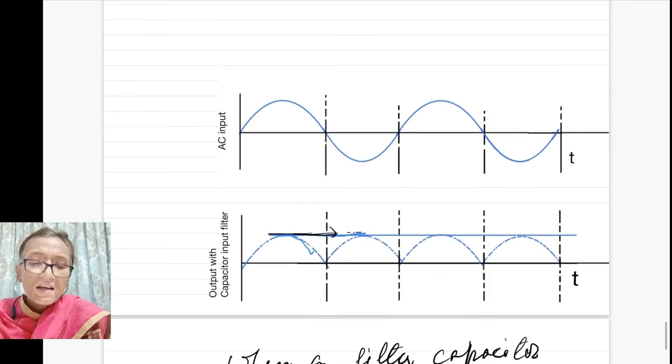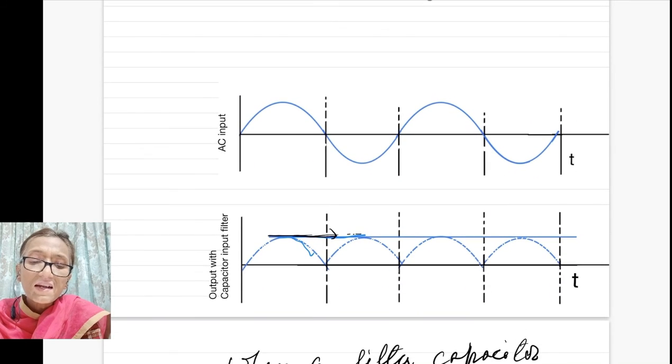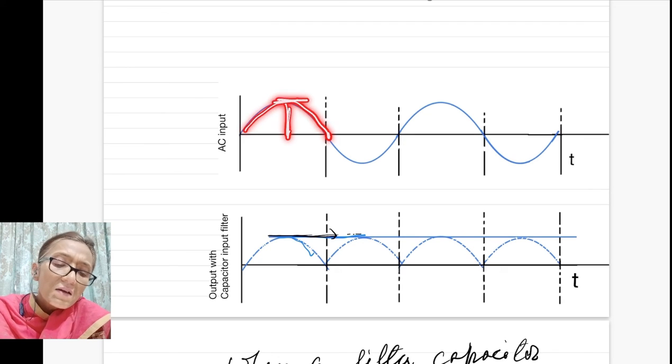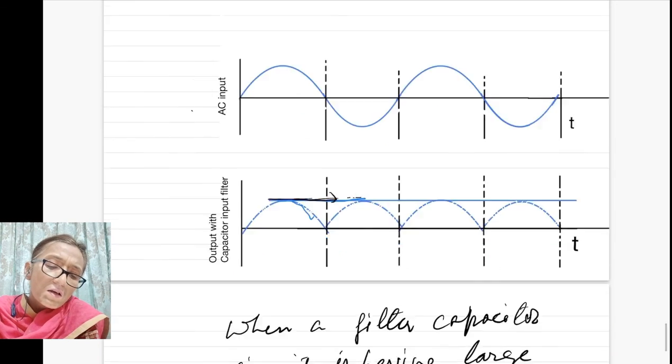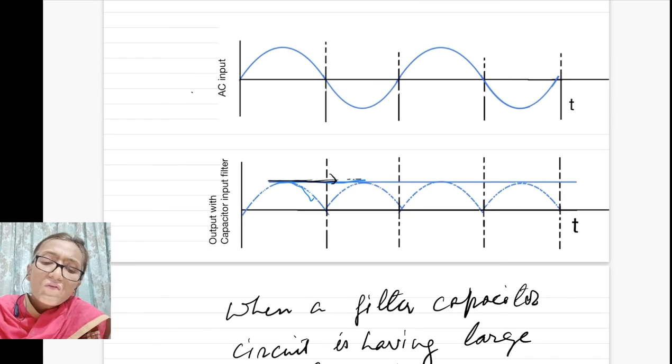Here you have the AC filter circuit current and the peak current. Here I should write AC filter circuit. Okay. Here you have the filter circuit, the input filter circuit.